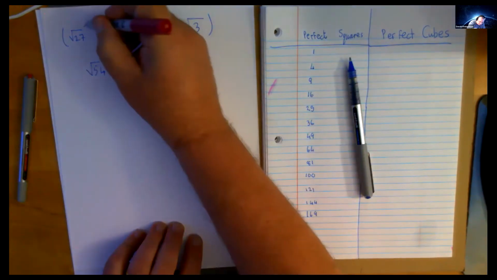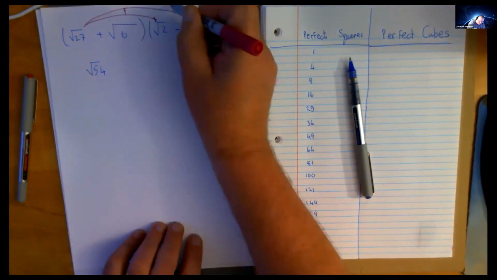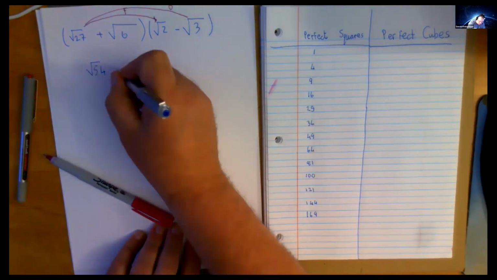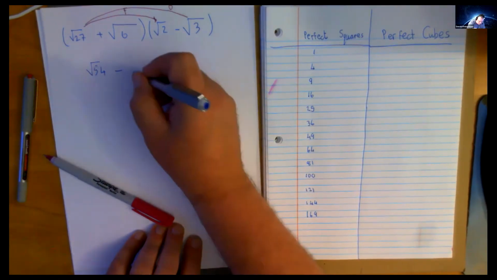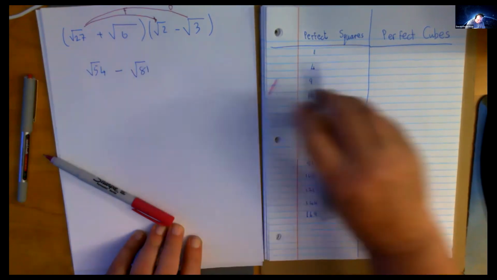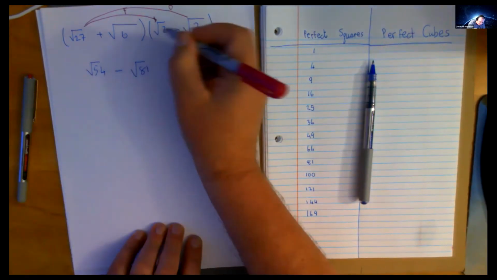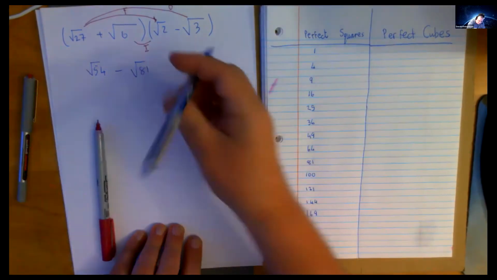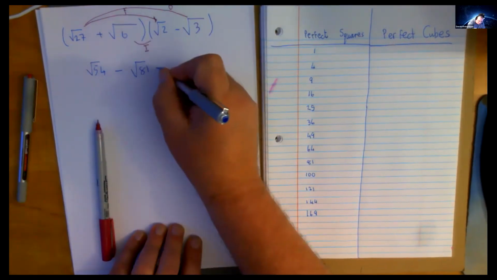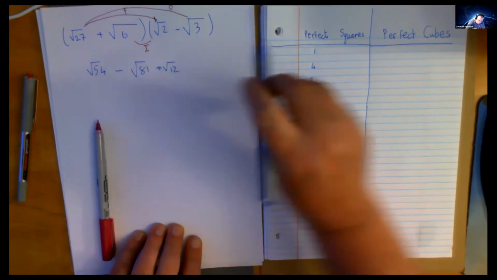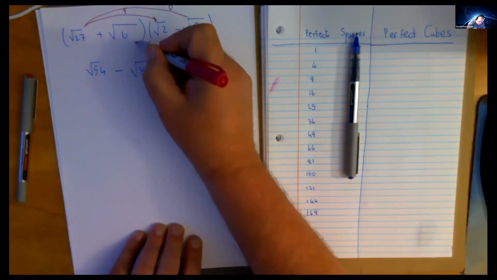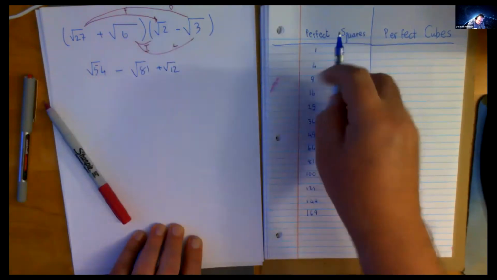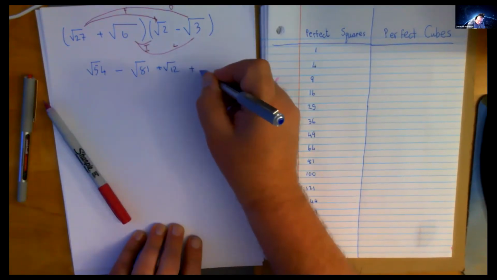And then you multiply the outsides. In this case, 27 and 3, and it's negative because of that. And 3 27s, I believe, is 81. And then you do I, and that's the inside 2, and these two multiplied together give me root 12. And then you finish with L, which means the last in each, and that gets me the square root of 18.